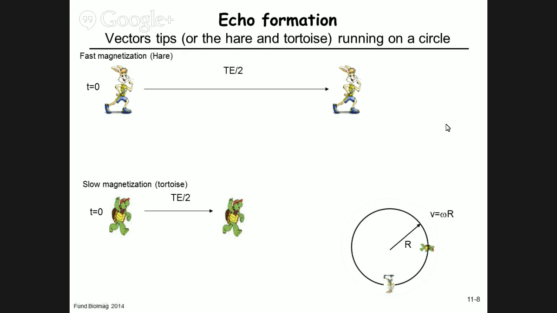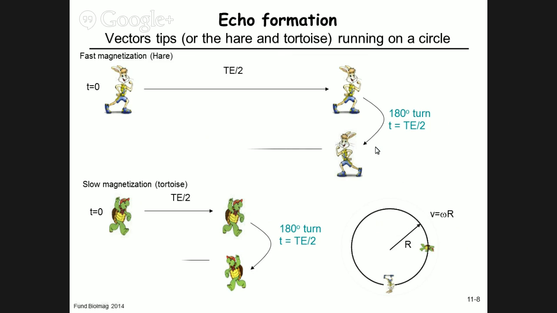Now at time TE half, a guy tells them, you're running on a circle, now you run in the opposite direction. You stop, turn around, and run in the opposite direction. So it's a 180-degree turn at this time, and now they're running back for again the same time, and since this distance has to be equal to that distance, they have to arrive at the same time.